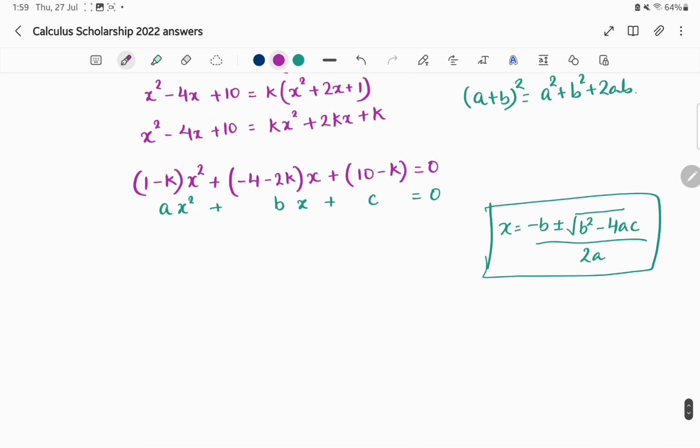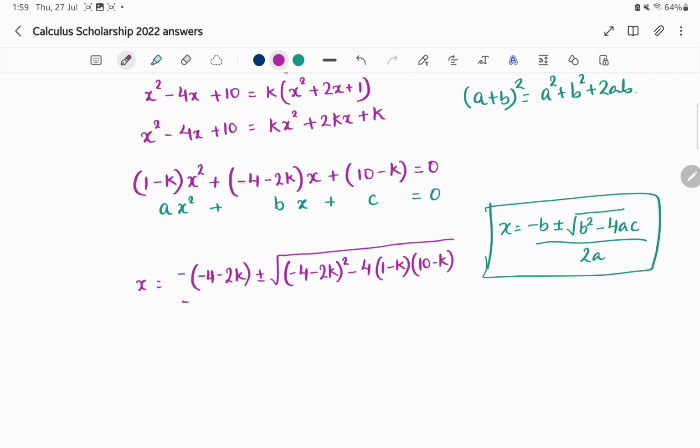Your roots will be equal to minus of (minus 4 minus 2k) plus minus square root of (minus 4 minus 2k) whole squared minus 4 times a times c, over 2 times (1 minus k).